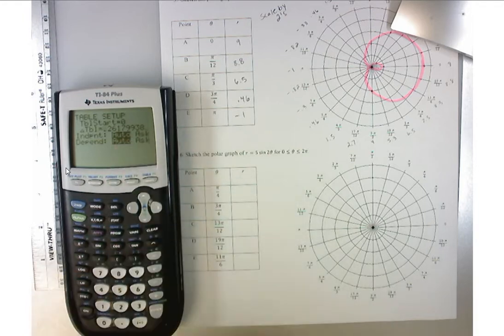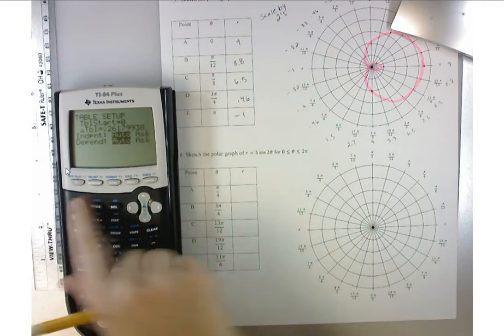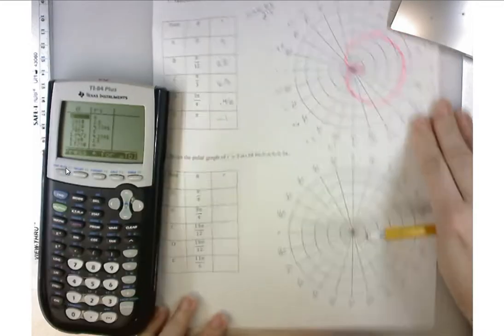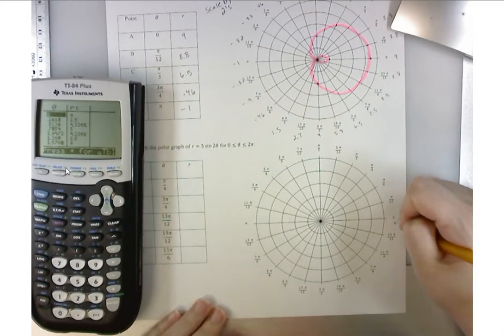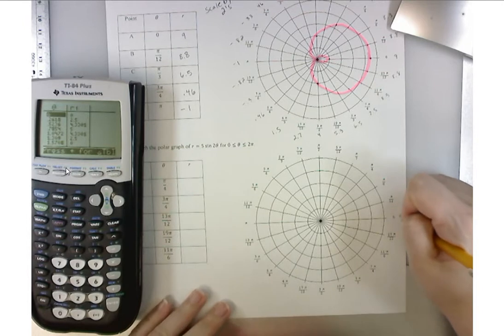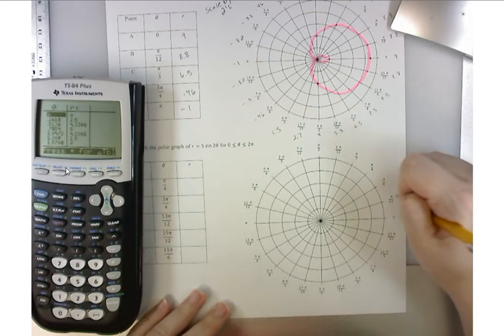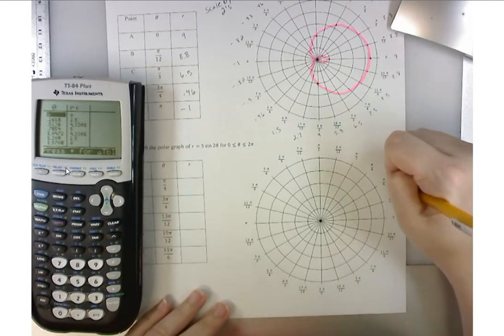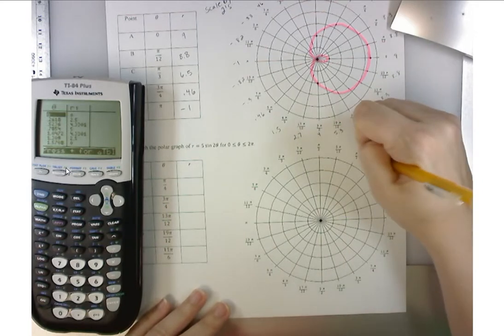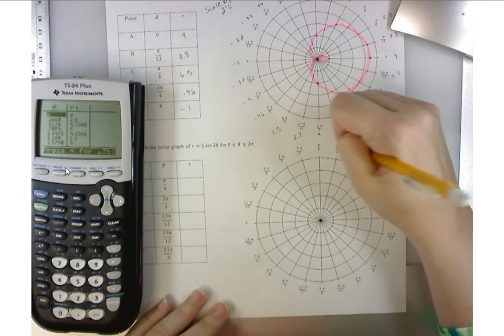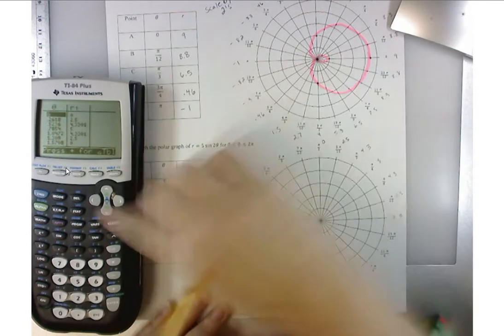So again, I want to start at 0, go by pi over 12, and then I like to go to my table. You don't necessarily have to. You could plot them directly from here. It's just when I'm graphing, if I'm going back and forth, I find it helpful in terms of how quick I can graph it.